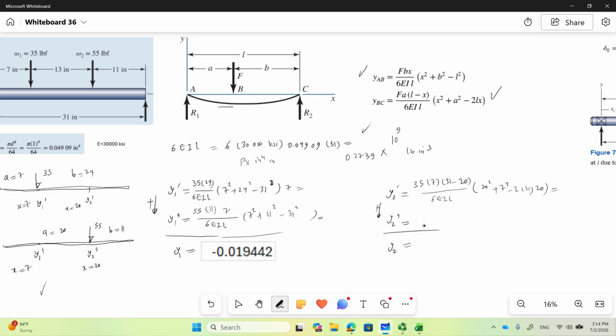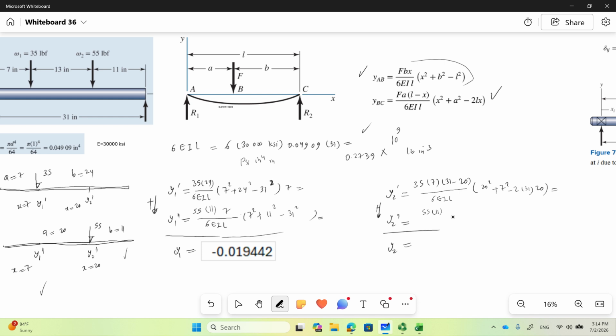Alright, so we gotta find this, and then y2 double prime, for this guy, when the force is here this time, we gotta use this guy still. Alright, so how much is the force? Is 55. Your B for the second case is 11.